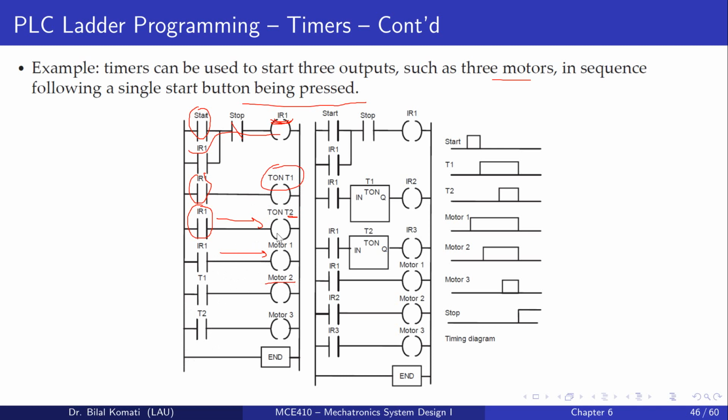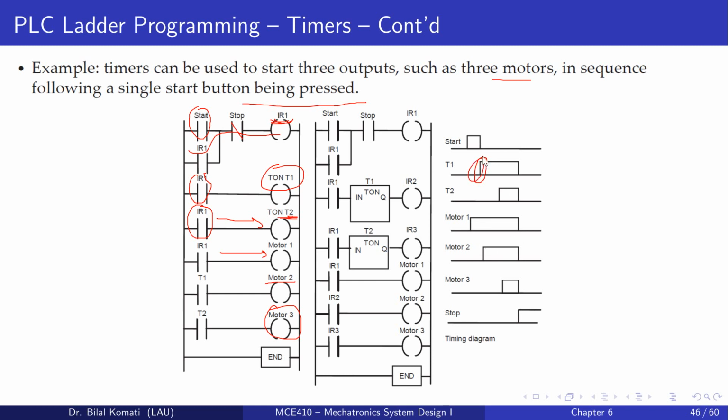And then after T2 is finished, we will activate motor 3. In this case, we are performing this sequence. This is what will happen once we click on start. We start motor 1, and then we wait until timer 1 finishes to start motor 2.